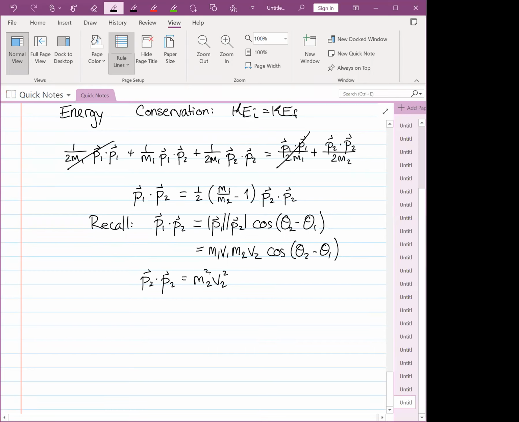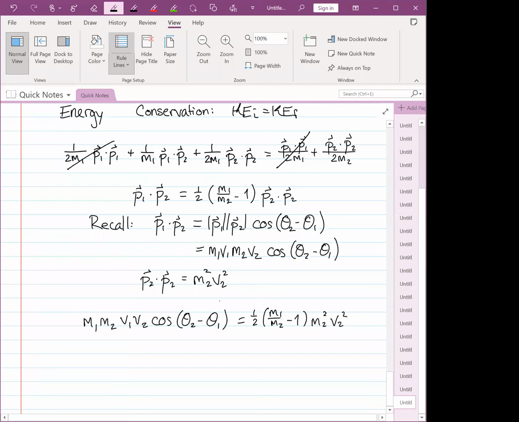Now, we're almost done. We know that this is equal to a coefficient times that. So we have m1 m2 v1 v2 cosine of θ2 minus θ1. Wow, this is really messy. Equals 1/2 (m1 over m2 minus 1) m2 squared v2 squared.